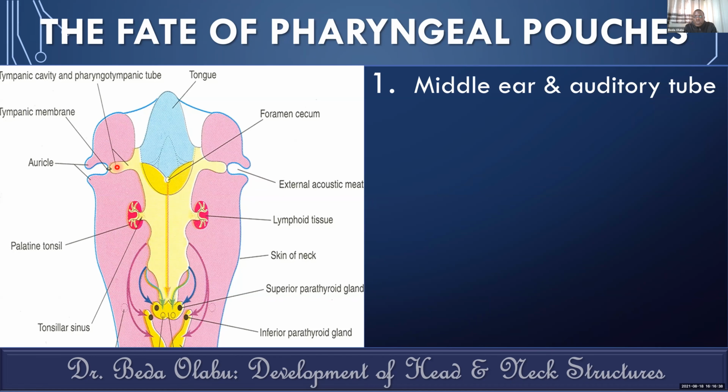It also contributes to formation of the middle ear, which means the tympanic cavity. And I will add one that is not in this particular slide. It also contributes to formation of the mastoid antrum. So three derivatives of the first pharyngeal pouch: the auditory tube, the tympanic cavity, and the mastoid antrum.